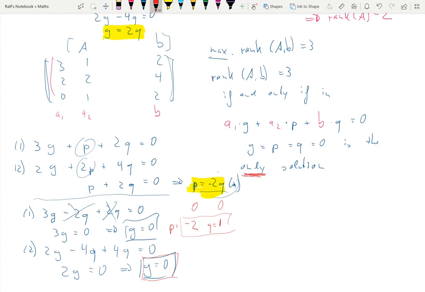So let's try and plug these values into here. We have G equals 0, so that's 3 times 0 plus P. P is negative 2, so that's negative 2, plus 2 times Q, Q is 1, so that's plus 2, is equal to 0. So we get 0 minus 2 plus 2 is equal to 0. That's correct. What about the second equation?